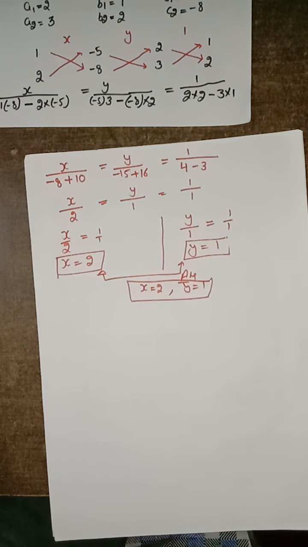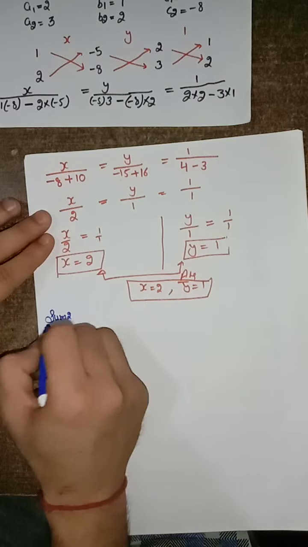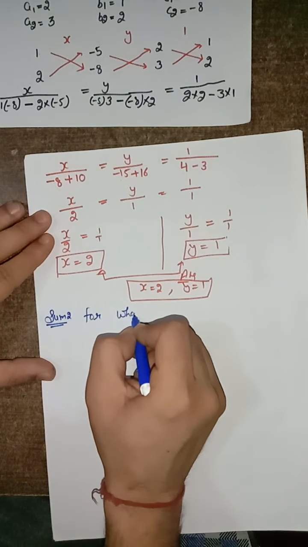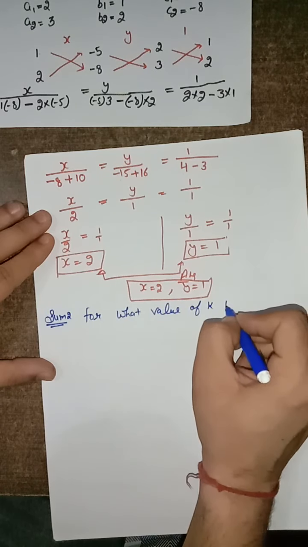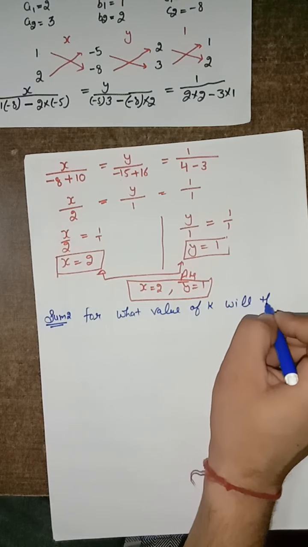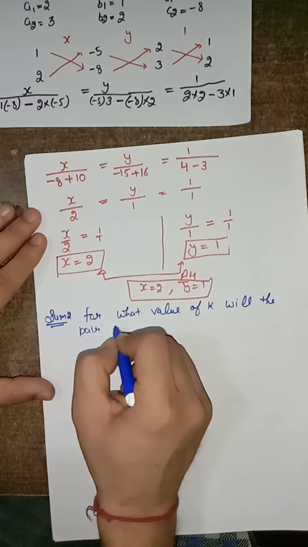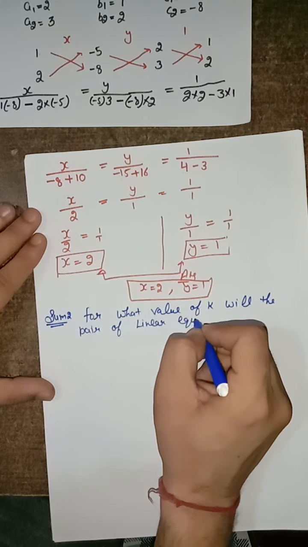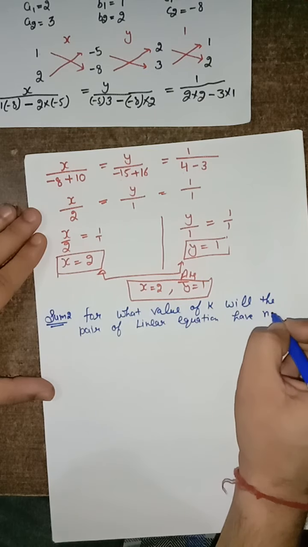Now my second sum is: for what value of k will the pair of linear equations have no solution.